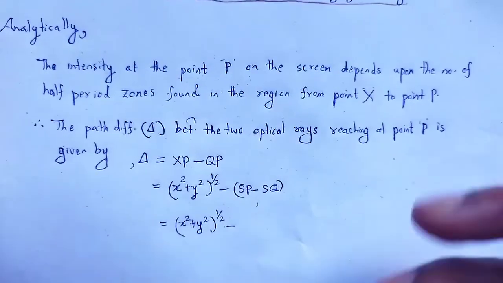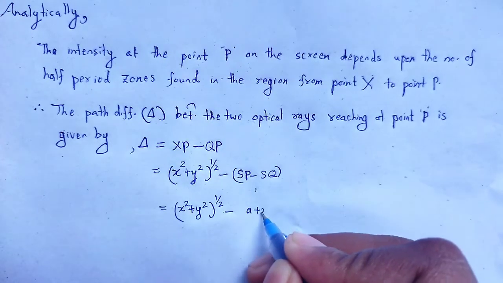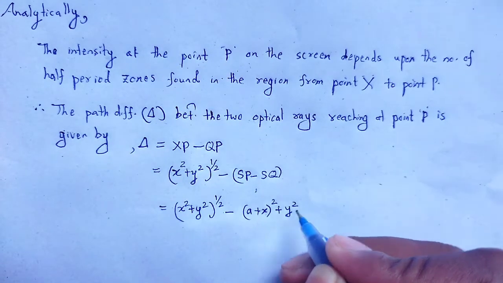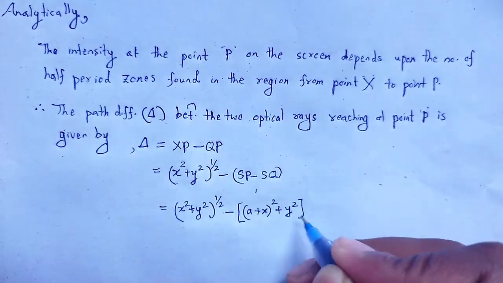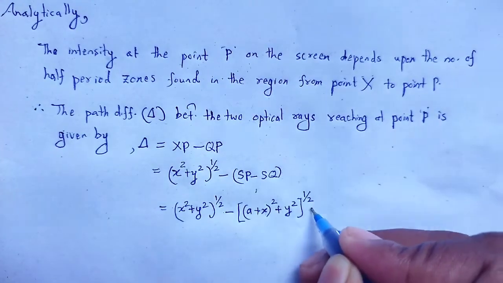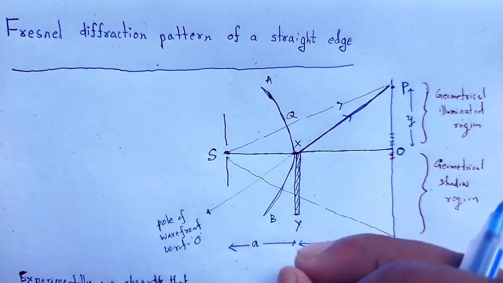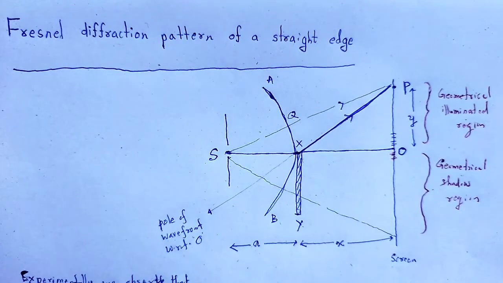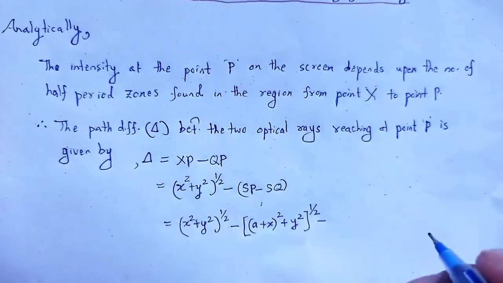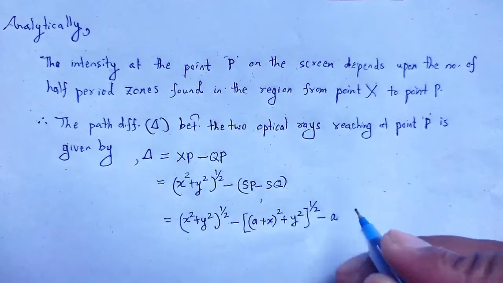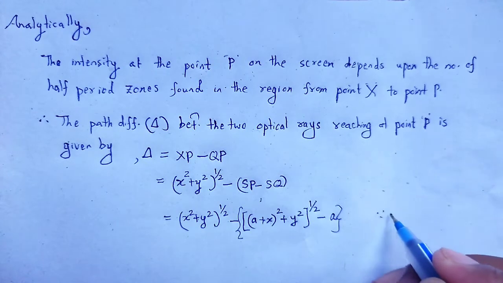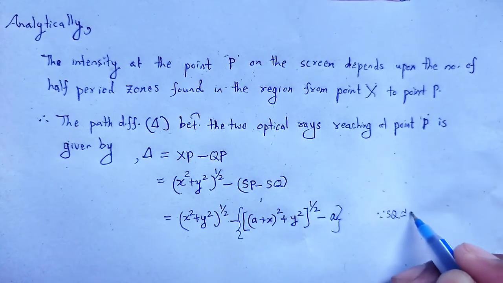In place of SP we write under root of a plus x square plus y square, minus SQ. SQ is nearly equal to the distance a, since we consider paraxial rays, meaning the angle is very small.